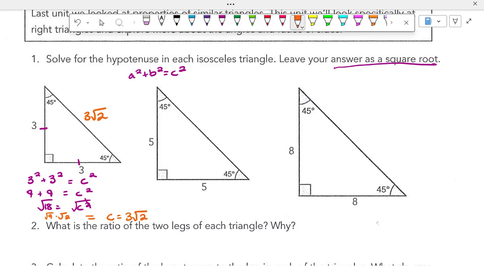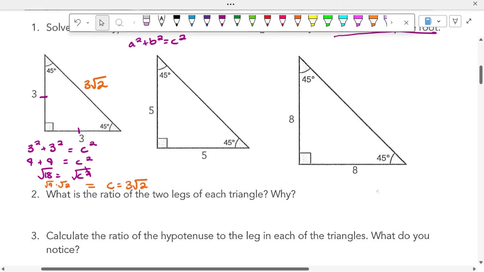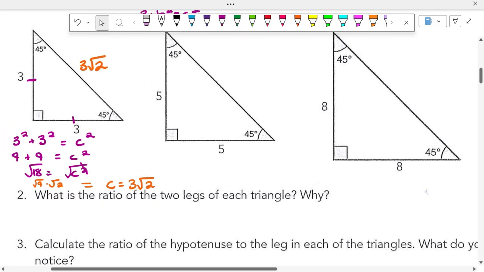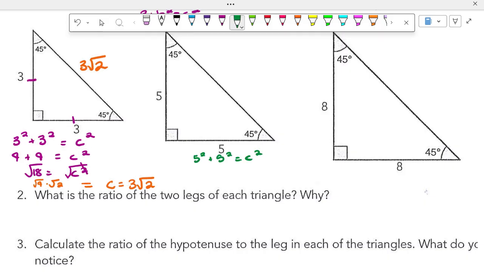Let's do the other two. How do I set up the next one? Five squared plus 5 squared is equal to c squared. What's 5 squared? 25. So 25 plus 25 is equal to c squared. So 50 is equal to c squared.